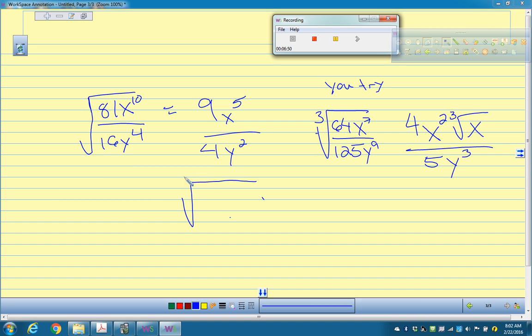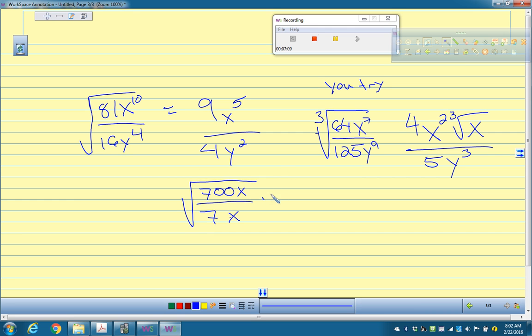If you see something that looks like this, the square root of 700x divided by 7x, you do not need to do the square root of this and the square root of that. What can I do first? Does anyone see something I can do first? You can divide things away first to make your problem simpler, right?